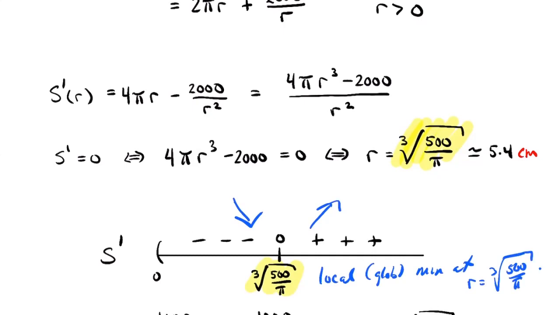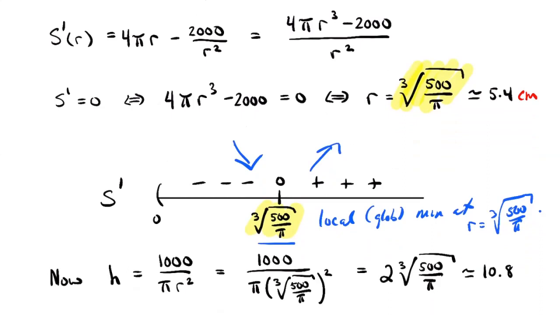Okay, the original question was what are the dimensions of the cylinder that minimizes it? This is sort of half the answer. I know the radius. We have to go back and recover the fact that h, we said, was equal to 1,000 over pi r squared. So if you replace the value of r in there, cube root of 500 over pi, I'm going to leave the algebra to you.